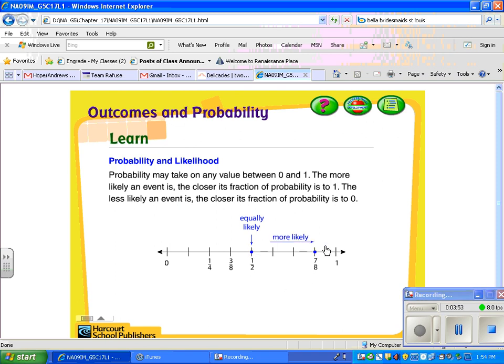If you have a numerator that's close to the denominator, that means it's more likely. And if you have a ratio that is equivalent to 1, that means it is a certain event. If the numerator is further away from the denominator, or on this end of the number line, then it would be less likely to happen. And if it is 0, that means it is impossible.